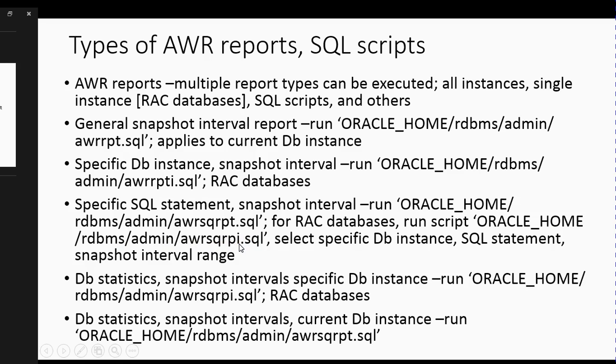PI again, because you're looking for a specific database instance. And again, you have to specify the SQL statement, the SQL ID. It's also known as SQL_ID, but as you're working with it, you'll find it's most often referred to as a SQL ID. And also the snapshot interval range.